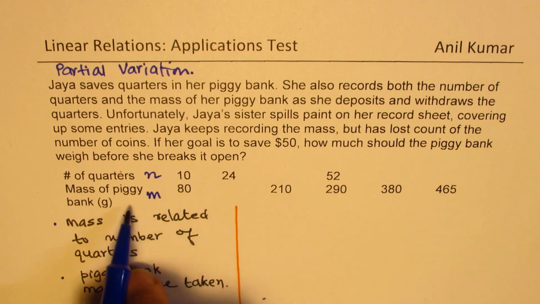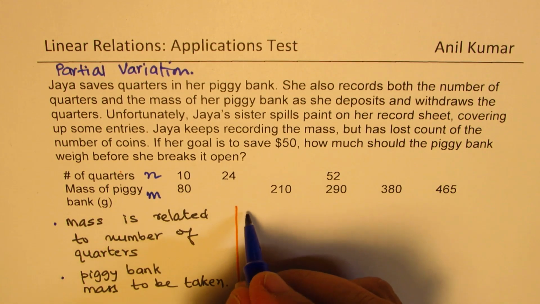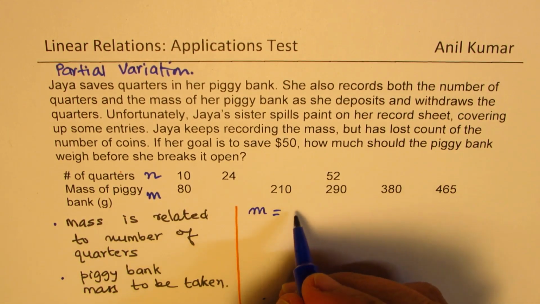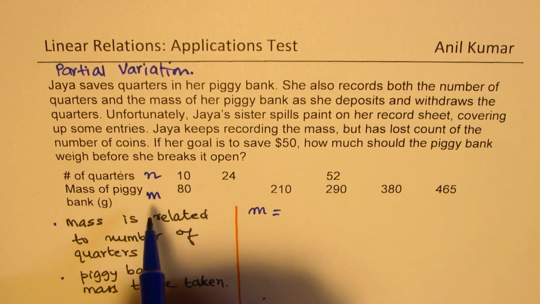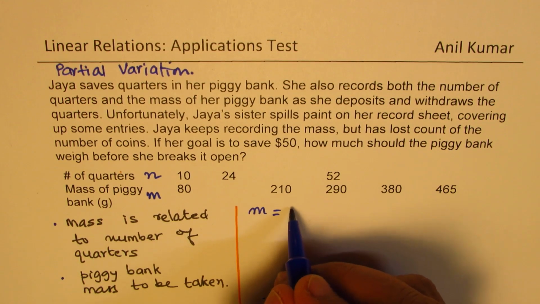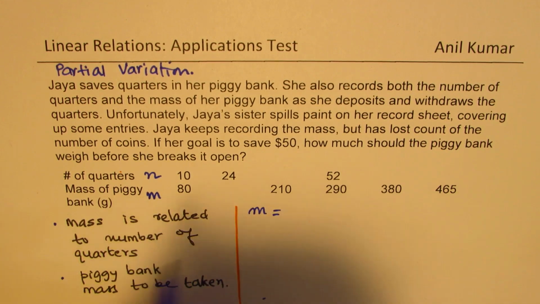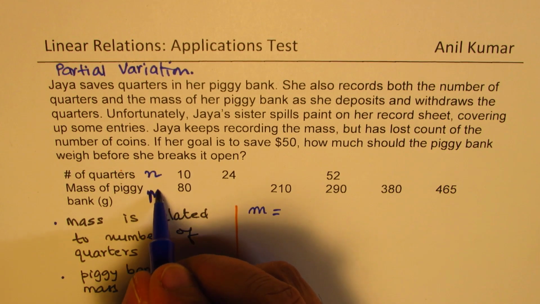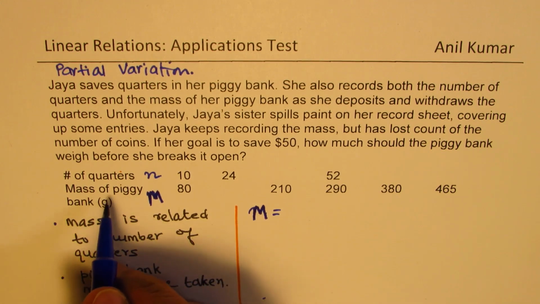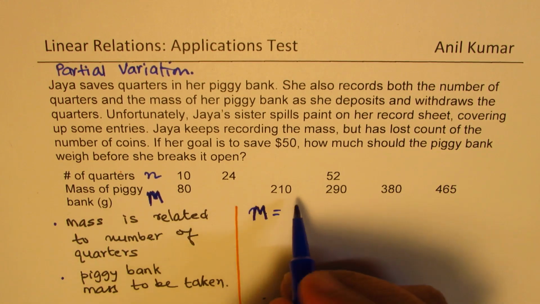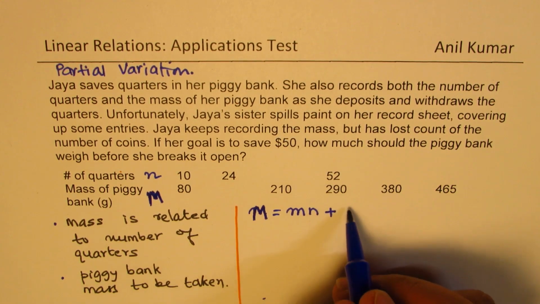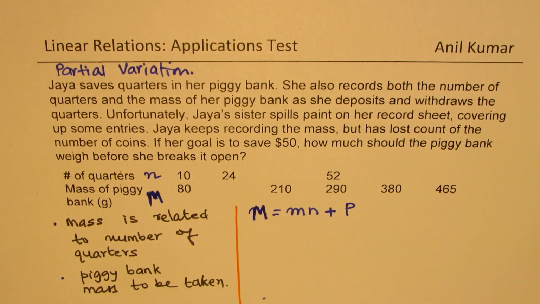We can write this as relating mass with the number of quarters. Since I used m here for mass, and for slope we normally use m itself, we'll use capital M here so that there is no confusion. So the mass of the piggy bank along with the quarters will be slope m times n plus the piggy bank mass.